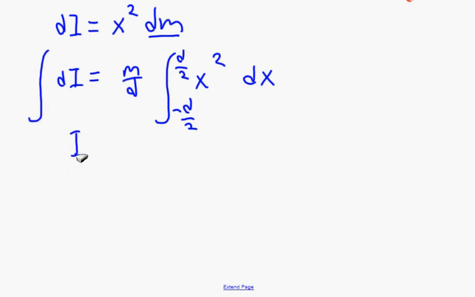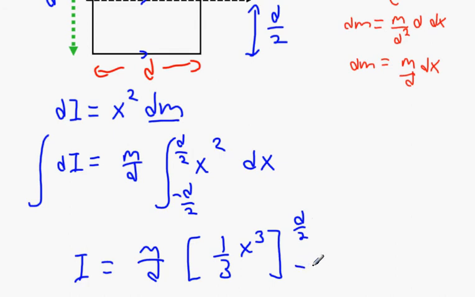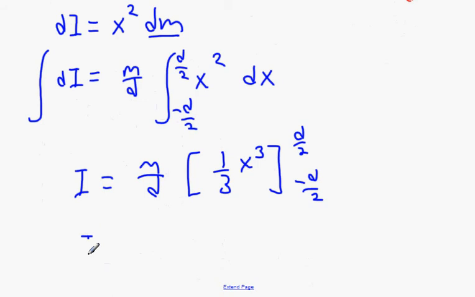So when we integrate them, what we're going to get here is I equals m over d on the outside, and it's going to be a third x cubed from d over 2 to minus d over 2. And then when you integrate this, it's going to be m over d brackets a third d over 2 cubed.